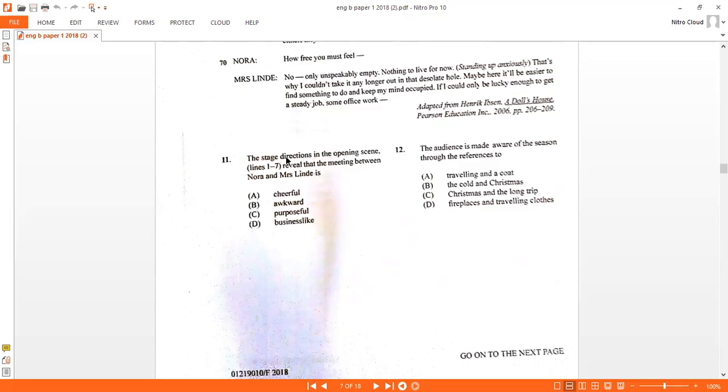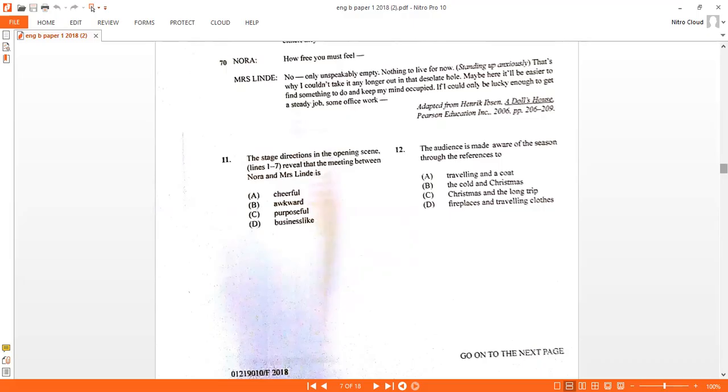I did point out earlier in the video that the drama questions sometimes ask about the setting, characterization, character relationship, dramatic effect, and questions like those. So don't be surprised when you see a lot of questions about stage direction. It's normal to see these questions. So going to the exam, expect questions like these and understand beforehand how to identify stage direction.